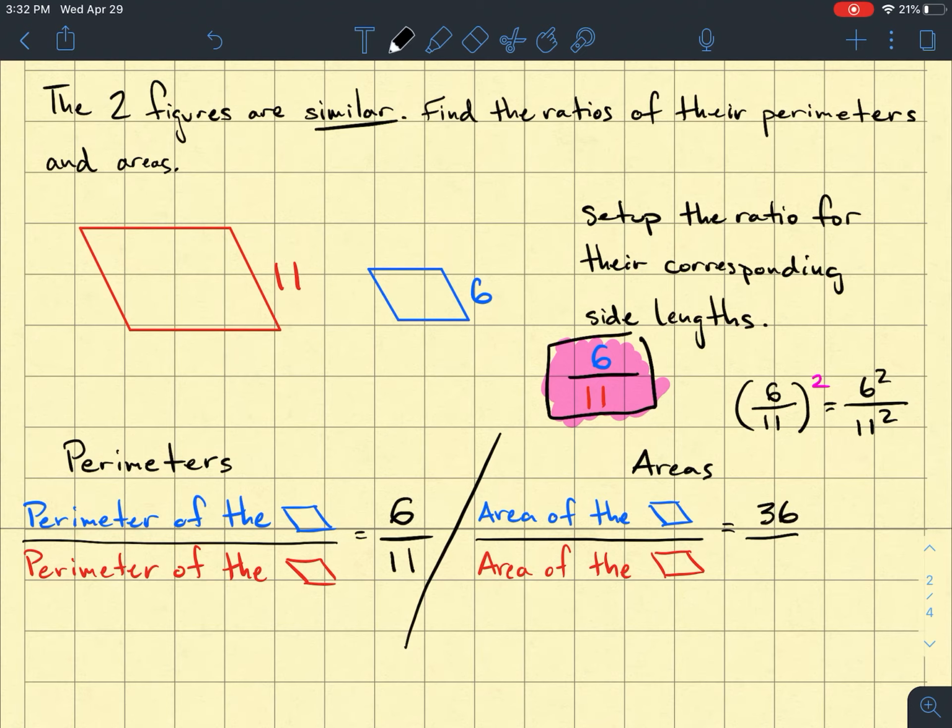So 6 squared is 36, and 11 squared is 121, and you're done. So the key is when you have your corresponding side lengths, remember, perimeter is a one-dimensional measurement, so just put these numbers right into your ratio and you're done. When you're dealing with area, the difference is that you're using units squared, so you have to square the measurements that are given to you.